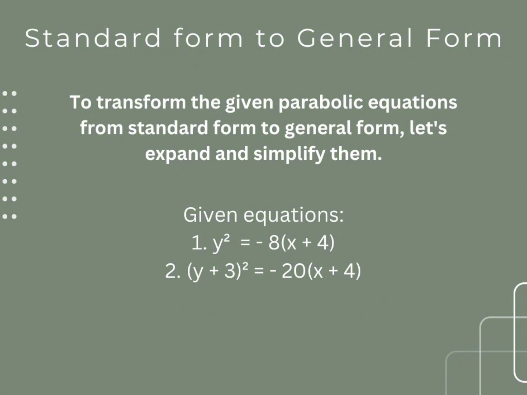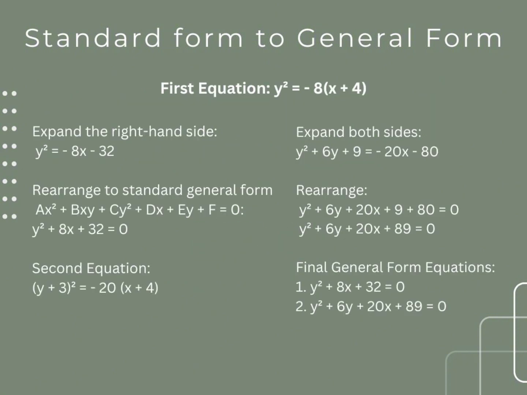So, let's transform the given parabolic equation from standard form to general form. Let's expand and simplify. y squared equals negative 8 times (x plus 4). To solve this, let's expand the right-hand side. So it's going to be y squared equals negative 8 times x, which is negative 8x, and negative 8 times 4 equals negative 32.